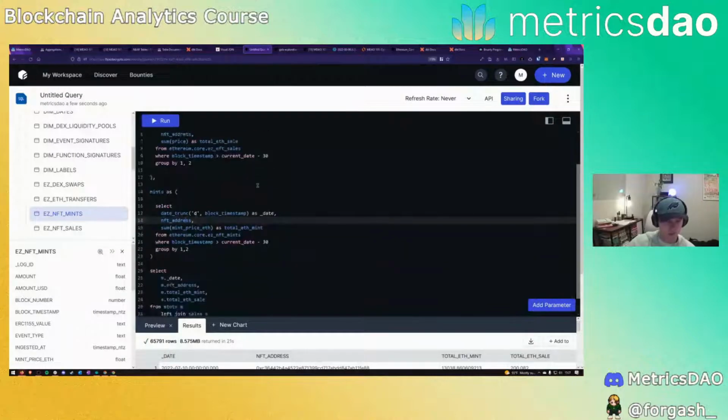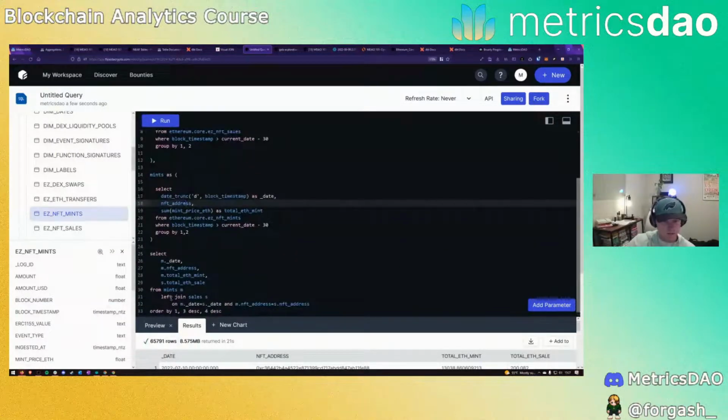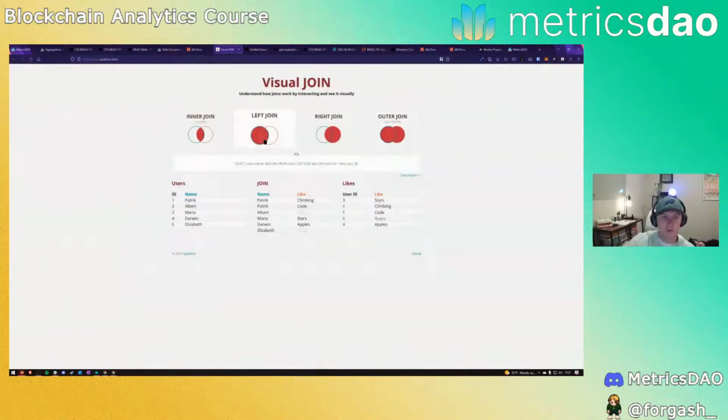So in this case, I chose mints to be the left table. If we go back to visual join, to what a left join is, basically we're trying to keep everything that was minted in the past 30 days and see what sales happened out there. The reason I did that is because I imagine a lot more contracts have been sold in the past 30 days than minted.